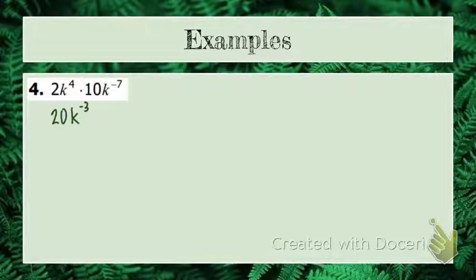However, you cannot leave something with a negative exponent. That is not simplified. When you have a negative exponent, if you remember, a to the negative m equals 1 over a to the m. So what we're going to do is move it into the denominator. And we can do that because this really means 2 times 1 over k cubed.